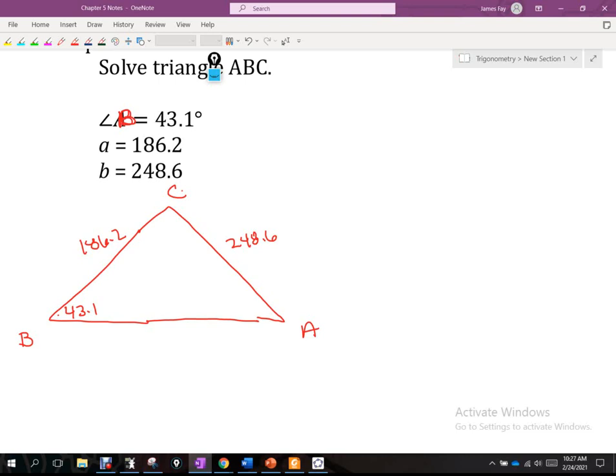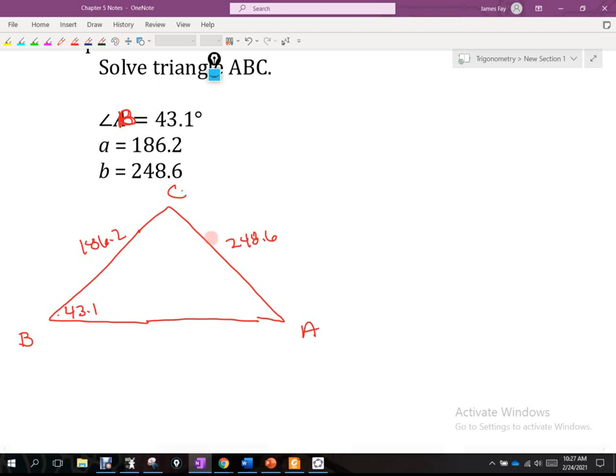I'm just trying to keep the same structure as when I go over to GeoGebra and show you: the bottom left angle here is the bottom left angle there, the 186.2 is at the top left segment, 248.6 at the top right. But if your picture is rotated or flipped compared to mine, as long as 186.2 is across from A and 248.6 is across from B, you're going to get the same results.